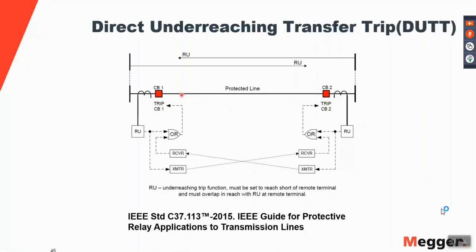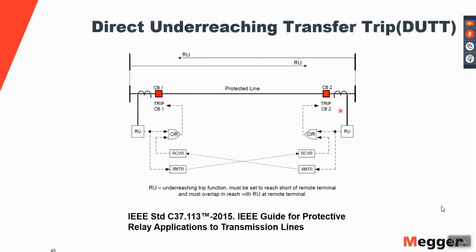What happens here is that, let's say we do not have the scheme. If we do not have the scheme and we have a fault here, which is zone 1 for this guy, for CB1, and it's zone 2 for CB2, what's going to happen is that this guy is going to trip instantaneously, with no intentional time delay, maybe in under a cycle. But then this guy over here is going to see the fault as a zone 2.